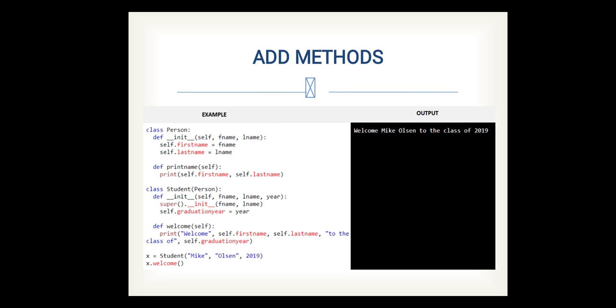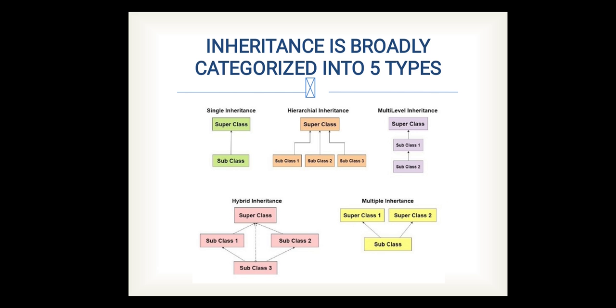So we are passing three parameters, and afterwards when we call the method welcome, it is going to print this message, that is welcome Mike Olsen to the class of 2019. So it is going to print the graduation year, that is 2019. So this way you can add a method to a parent class using a child class.